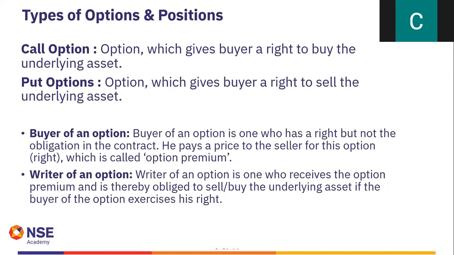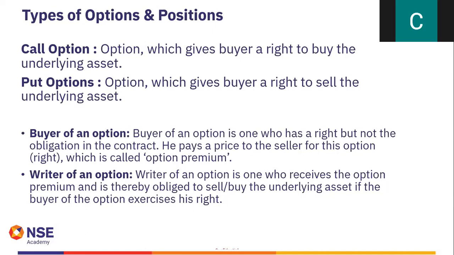I am the buyer of this option, wherein I am saying I will buy on 29th September at 1,000 rupees each. Now on 29th September, the market price is 1,100. Since I am the buyer of the option, I have the right to buy. So I will execute this contract.